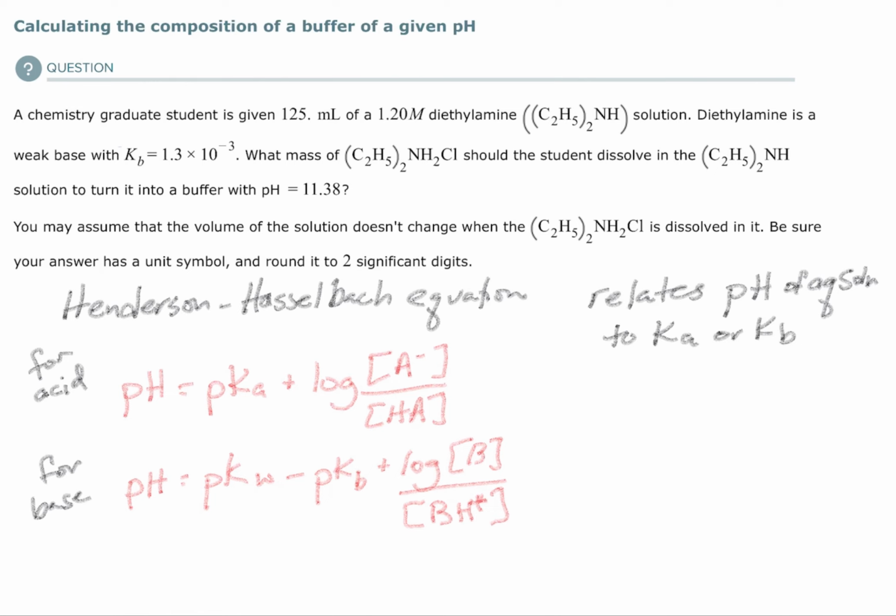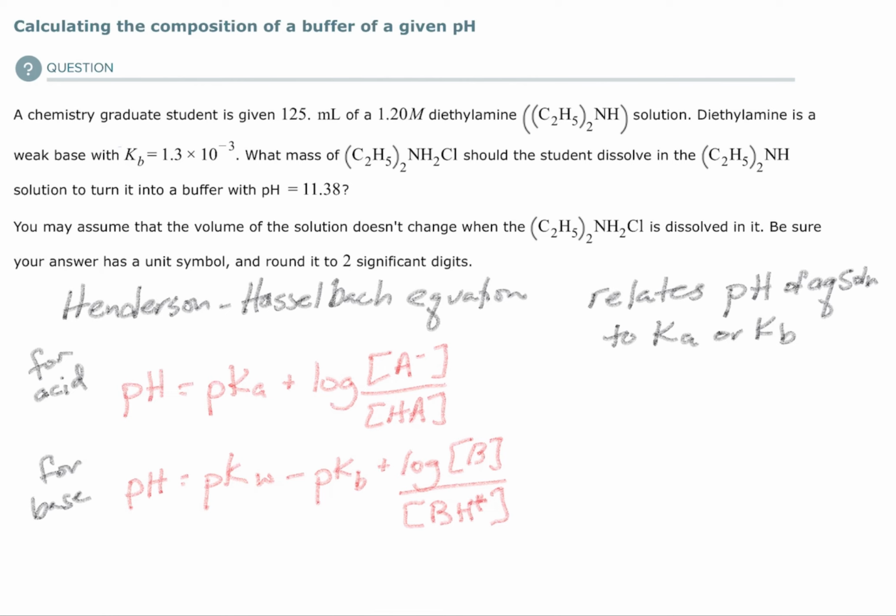There are two forms, and of course they're related to each other. If you're given the acid, your pH equals your pKa plus the log of your conjugate base over your acid. Remember, your conjugate base is simply whatever your acid was minus a proton, so it goes down in charge and has one less H. For your base, it's backwards.